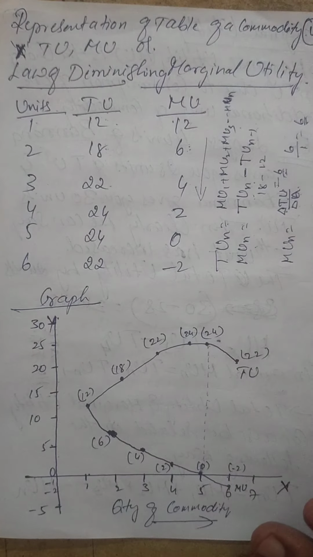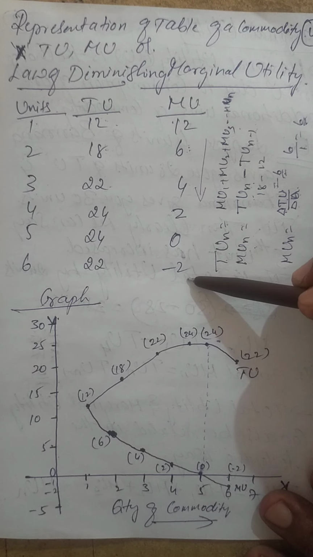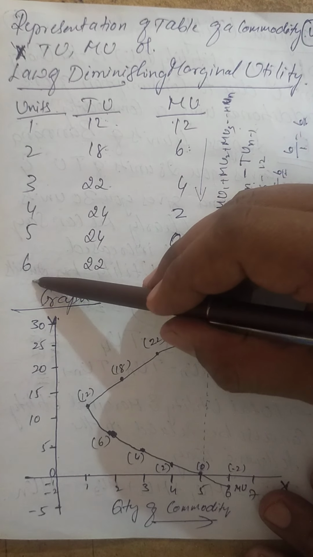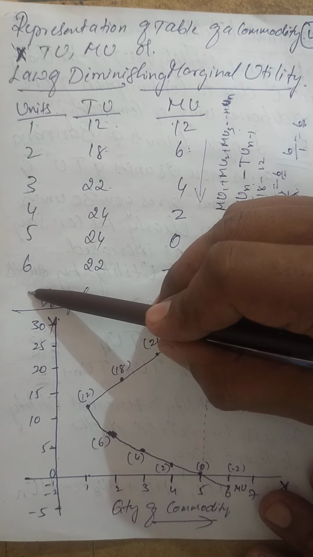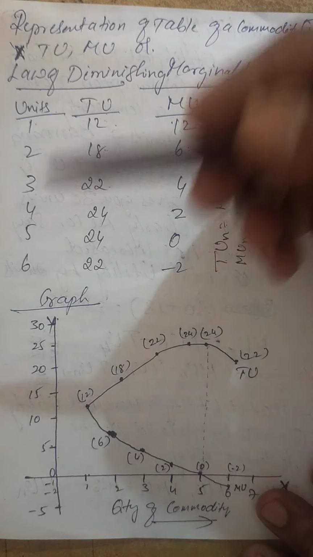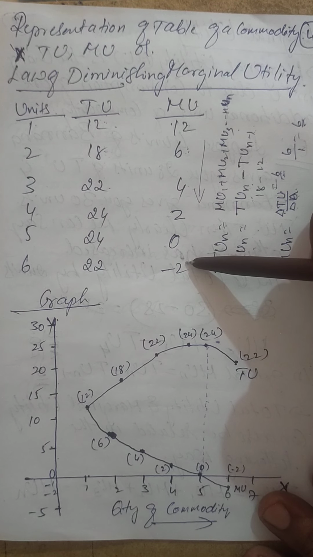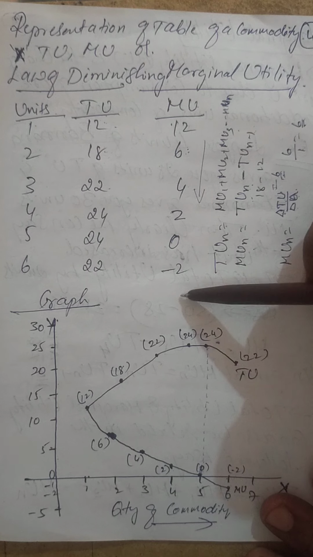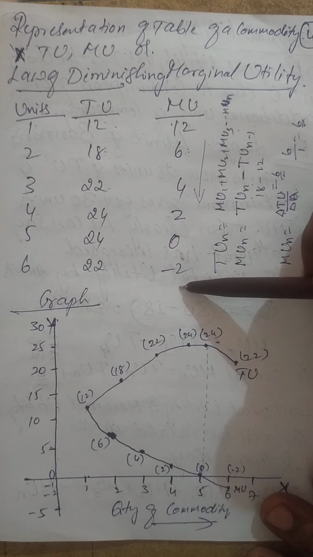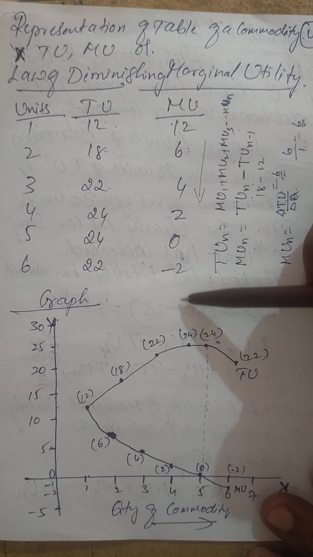See, marginal utility is diminishing. If you consume the 7th unit, then the 8th unit, what happens after the 6th? It becomes negative: minus 3, minus 2, minus 3, minus 5, like this it keeps on going.